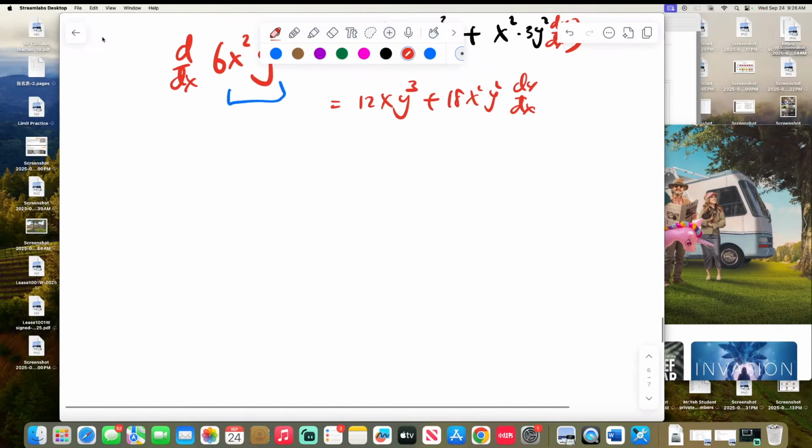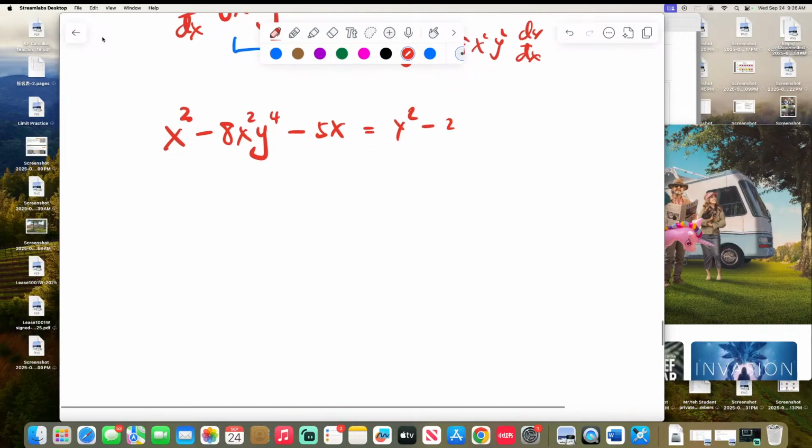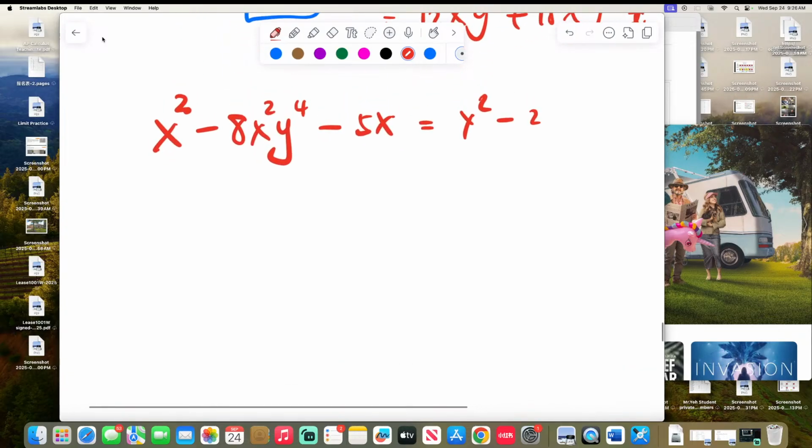Okay. We're going to take a derivative of this. Trust me, it's not as difficult as I say. x squared.